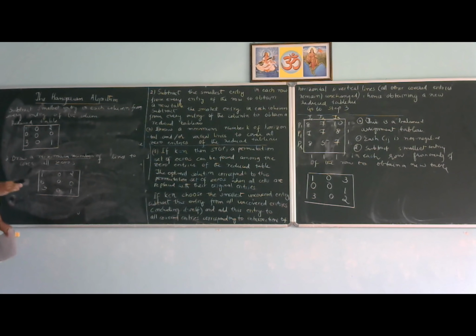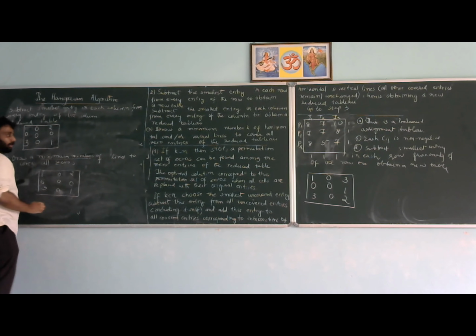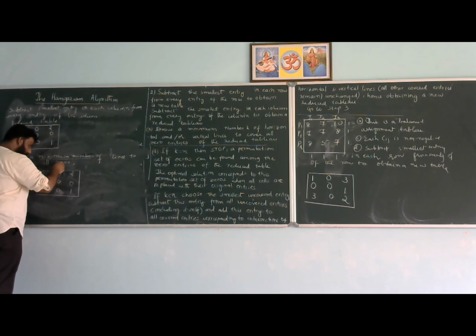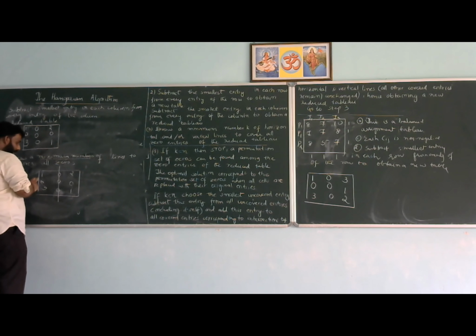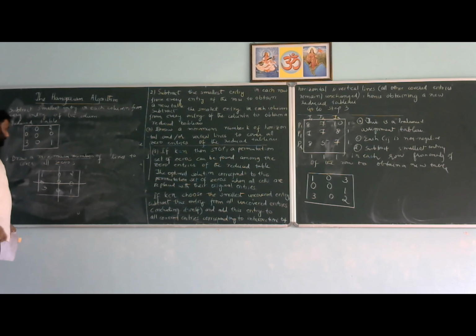Take care of that one. See how many lines are required to cover all these zeros. Okay, let me draw one line to cover these zeros. I have covered them. I require only two lines to cover all the 5 zeros.